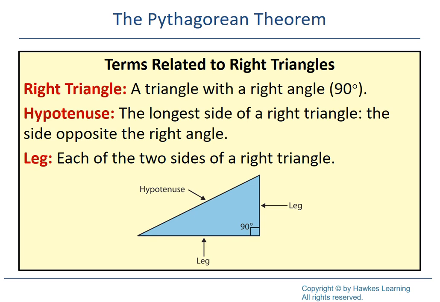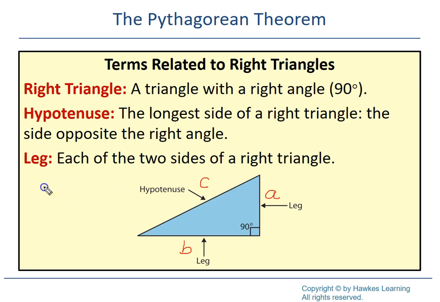Now, when I would teach this in earlier lessons here, I would often refer to the short leg as side A, the long leg as side B, and the hypotenuse as side C. And we'll be using these letters too.